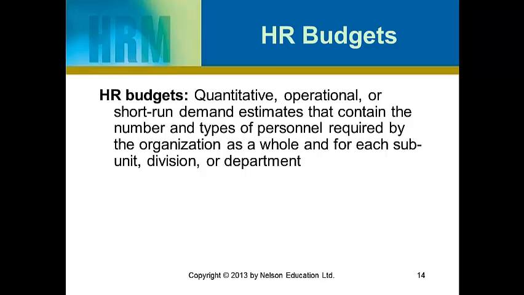So HR budgets and staffing tables go hand in hand. Quantitative in nature still, they're looking at relatively short-run demand estimates, and they're looking at it either from the whole organization or cascading through each department, each division, each boss saying, this is how many people I think I'm going to need, and it can either flow from top down in the organization or from bottom up, where the boss puts in, this is how many employees I think I'm going to need, and they start to add them all together.